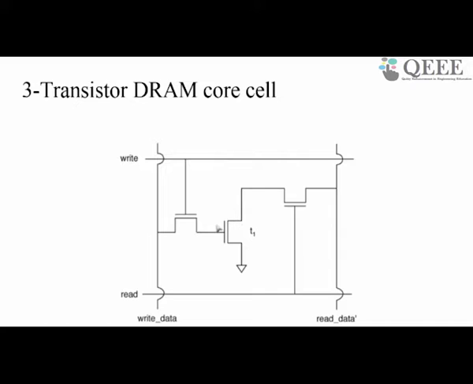So suppose this T1 has some charge being stored in it. If this value is 1, then this transistor T1 will be on. If we give a read command, the read line is asserted, then this transistor will be on, and you will see that the value of T1 can be read using the read data line.